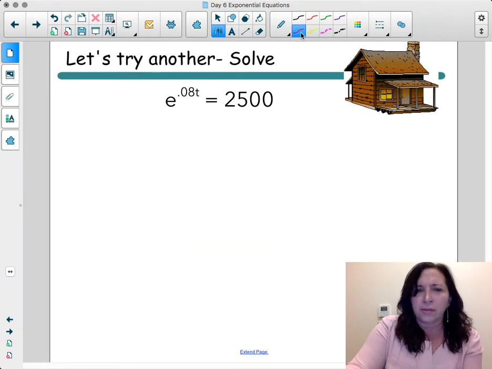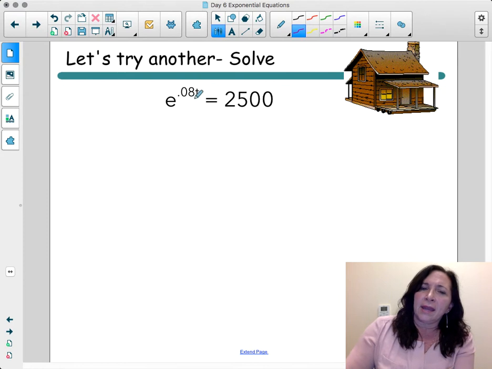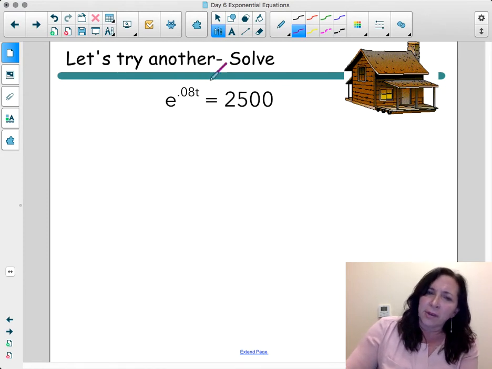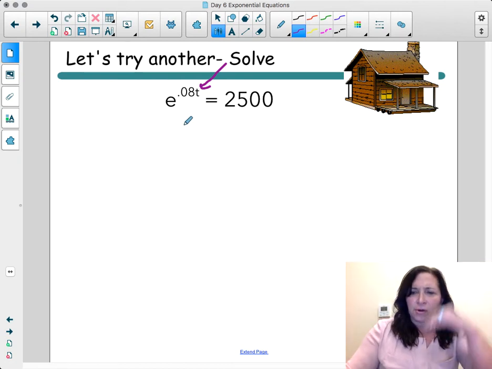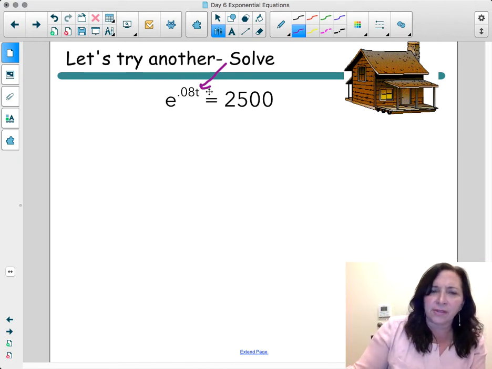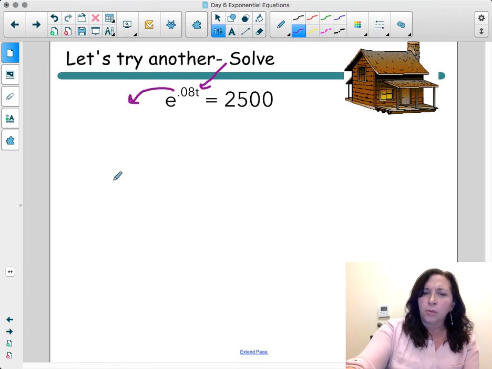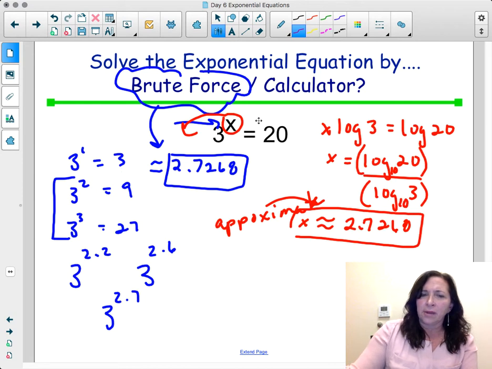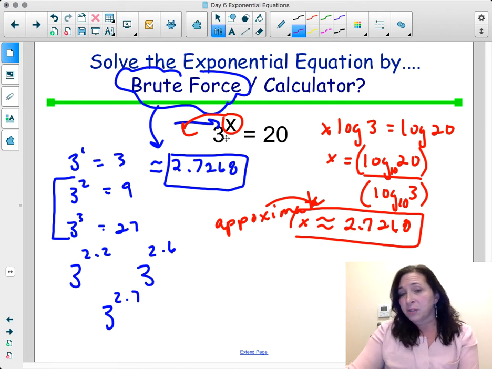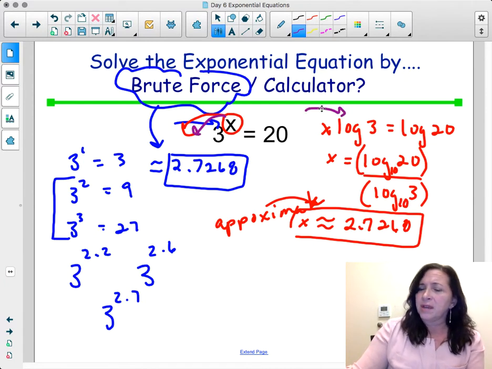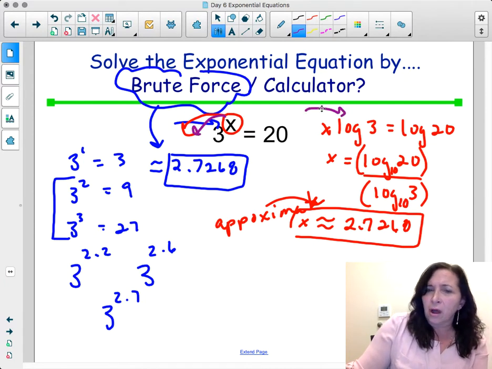So when we're doing this problem right here, again, this is also an exponential equation because my variable is in my power. It's up in my exponential power place. So we need to get that out of there. So we're going to move this out front. Now, you need to keep in mind, when we were working this problem out and solving for x, we took the log because the inverse of exponents are logarithms.